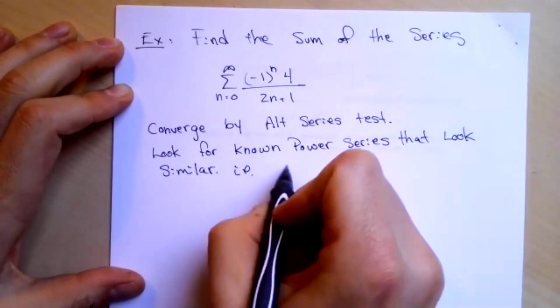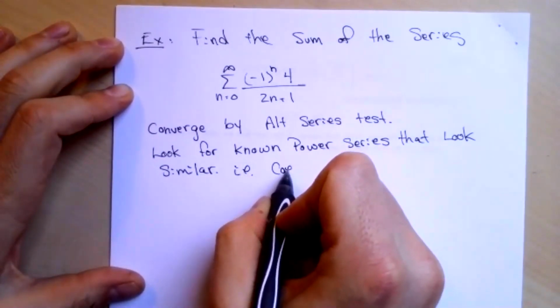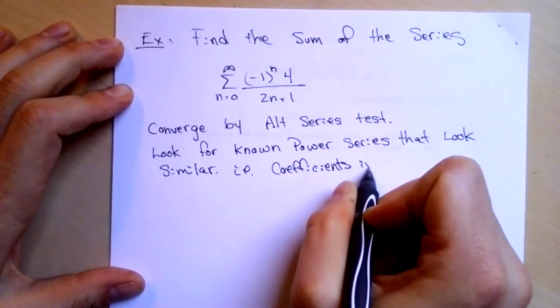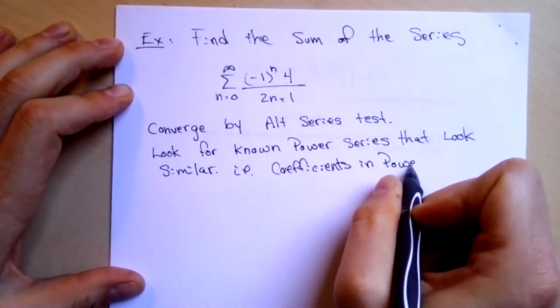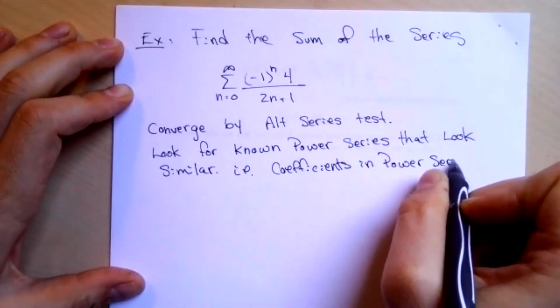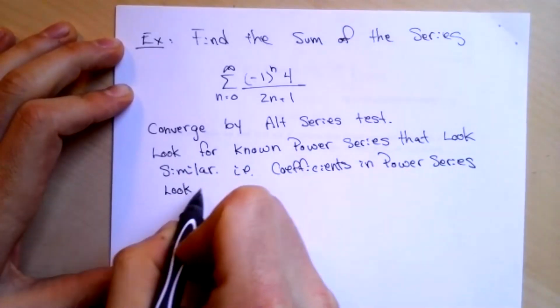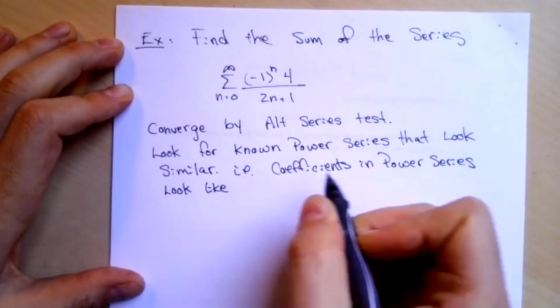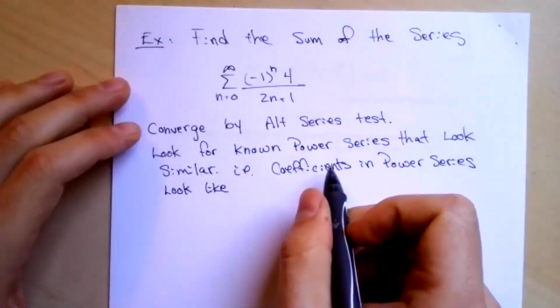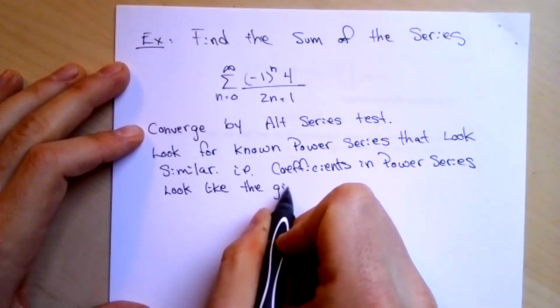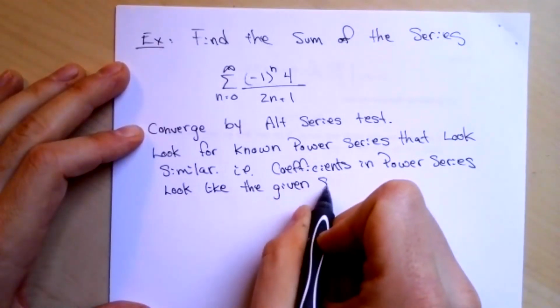I.e., the coefficients in the power series look like the given series. They're never going to be exactly the same.